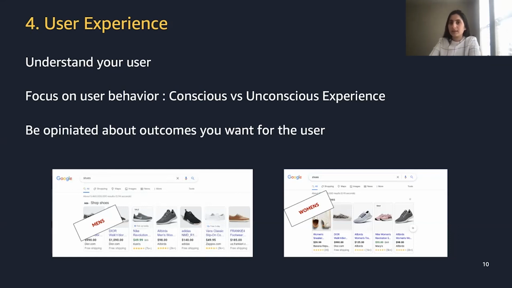So let's say if you are someone like Bed Bath & Beyond and you have different home decor products, you might want to show the customer home decor ideas versus just showing them a couch. But if you are Google, you want to be more precise with your search and you want to show the customer just different brands of couches.